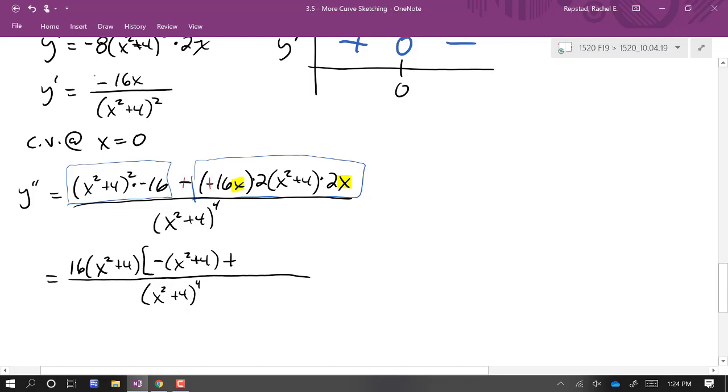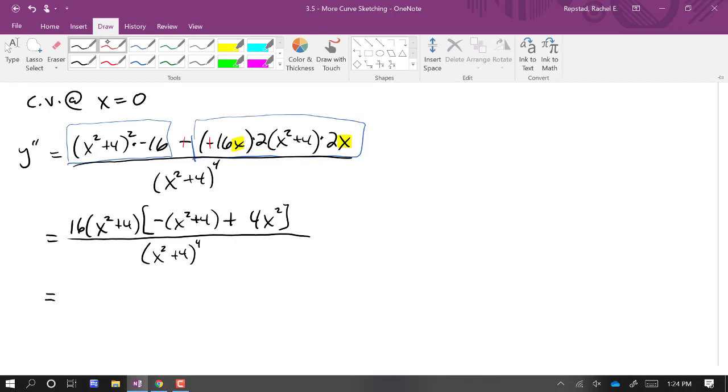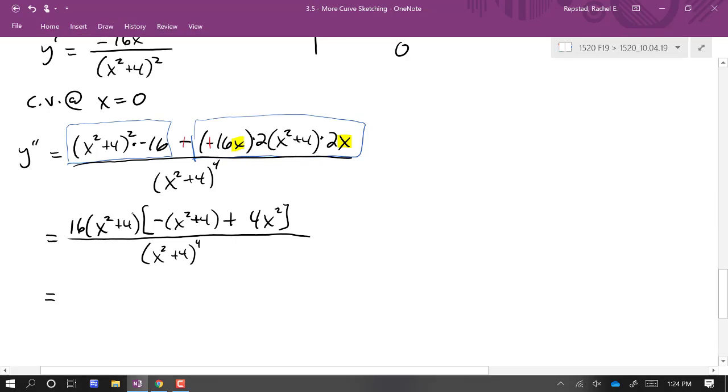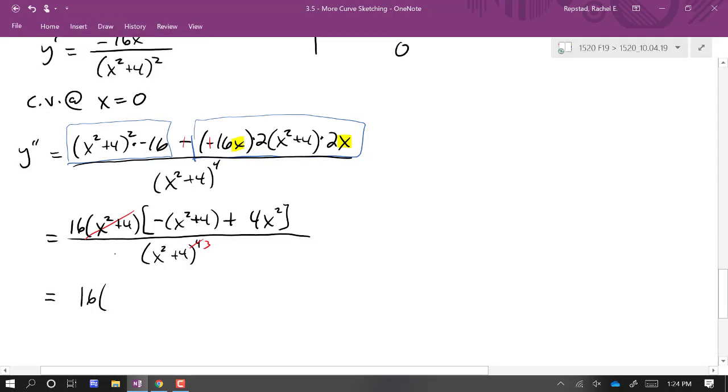So I have 2 factors of x there that we have to pick up, and 2 factors of 2, so 4x squared. Now we're getting better. I can cancel this x squared plus 4 with 1 factor of the x squared plus 4 in the bottom. And so up top we have 16, and then in the brackets this simplifies to 3x squared minus 4.